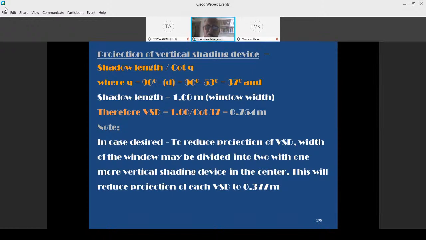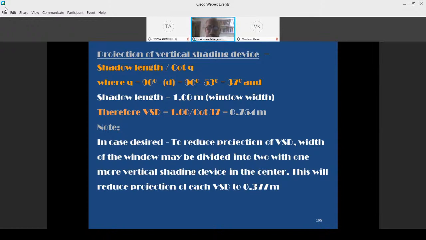If you say, no sir, I want to protect with the shading device at 3 o'clock also, then you will have to change the time. Separately calculate for the western facade and find out the solar altitude angle and solar azimuth angle at 3 o'clock, that is 15 hours, and calculate.